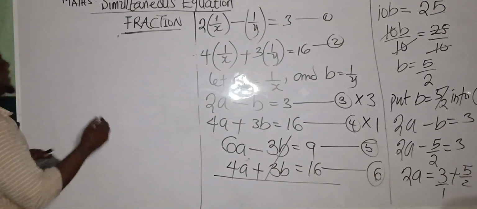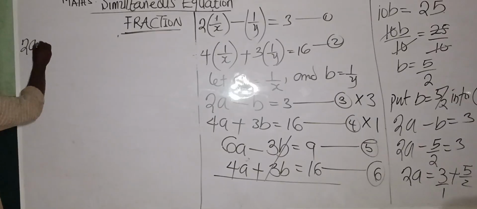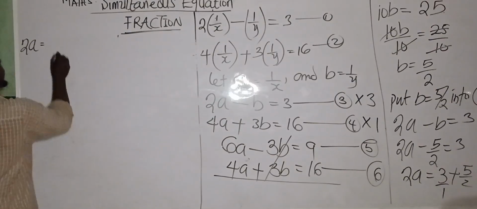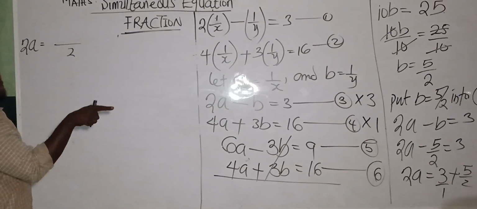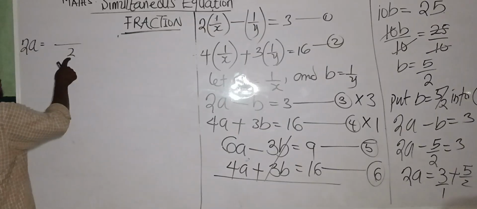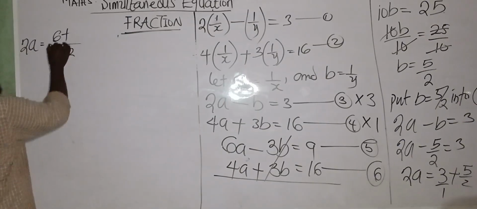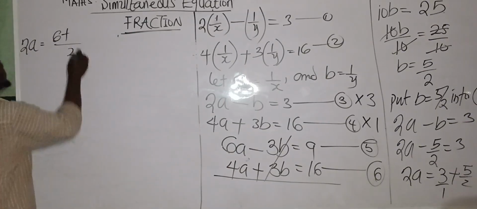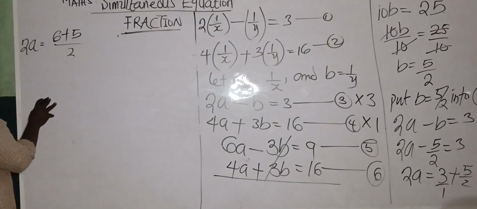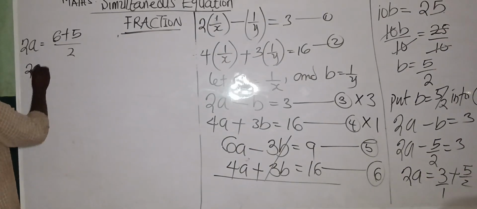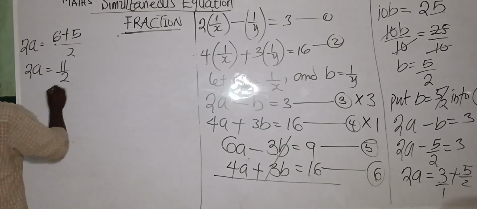If I find the LCM of the right hand side, my LCM there is 2. So 1 in 2, this one in this 2 is 2; 2 times 3 is 6, plus 2 in 2 is 1, plus that one will give us 5.